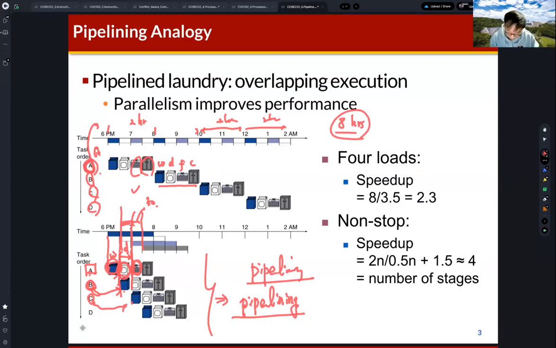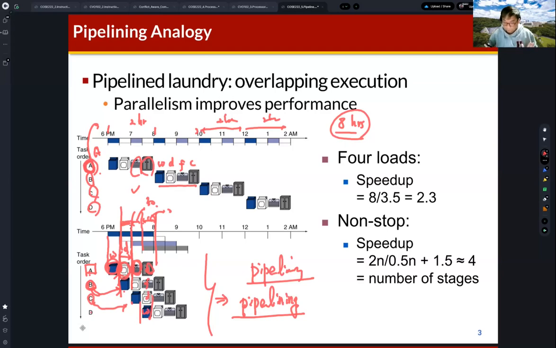And then the next 30-minute time slot: A is in the closet step, B is in the folding step, C is in the dryer, and D is in the washing machine.